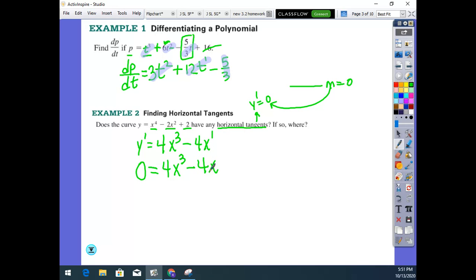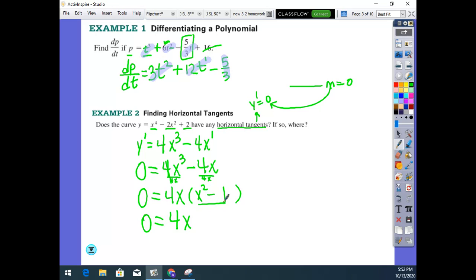So how do I solve an equation that equals 0? Your first choice is always factoring. So notice there's a GCF of x. So I'm going to factor out 4x from each term. So we technically just divide each term by 4x. So here my 4 goes away. I take one of my x's out. I'm left with x squared. 4x divided by 4x is 1.